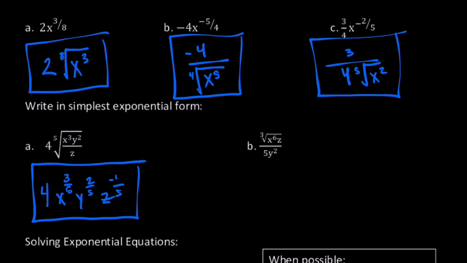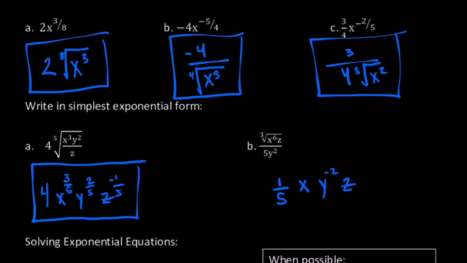If I don't want to write this as a fraction, I see there's a 5 down here. I would just have to start that with the coefficient of 1/5. I've got an x, I've got a y, and I've got a z. So the y is not part of the radical, so it will not have a fractional exponent, but it's in the denominator, so its exponent would be negative.